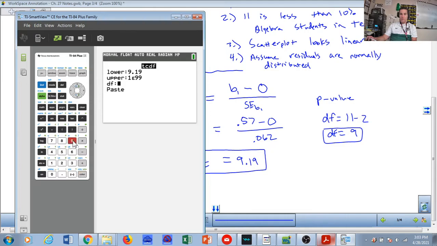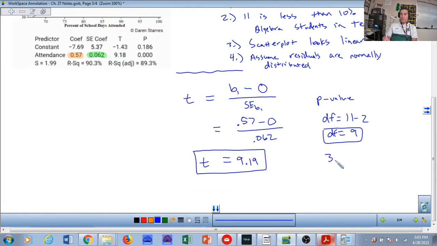Degrees of freedom are 9. And let's see what the p-value is. Oh my gosh, tiny. 3.6 basically times 10 to the negative 6. So tiny, tiny, tiny.